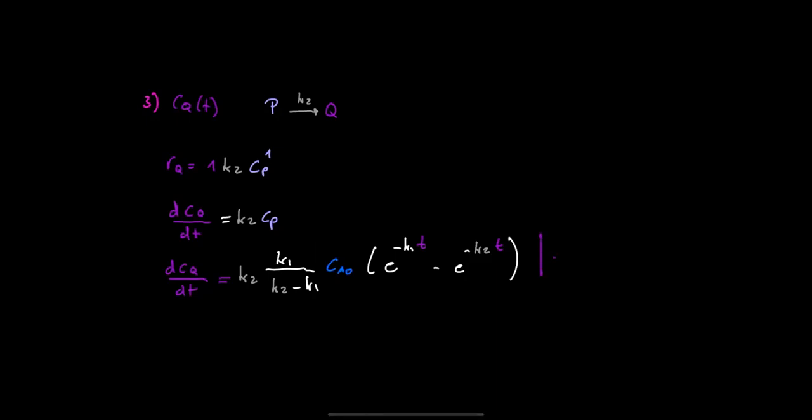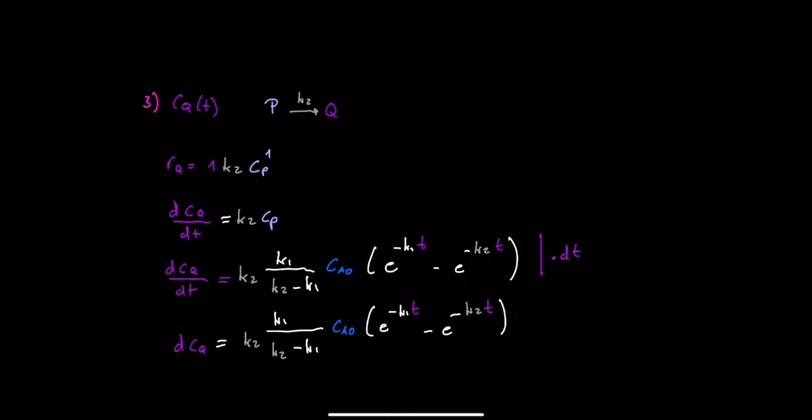So we separate the variables by multiplying the equation with dt, which will result in dCq being equal to K2 times K1 divided by K2 minus K1 times Ca0 times e elevated negative K1 times t minus e elevated negative K2 times t times dt.